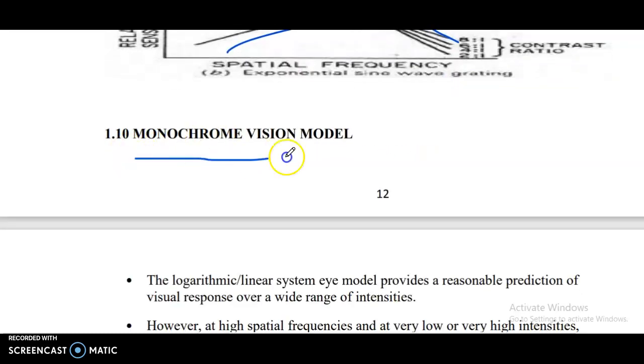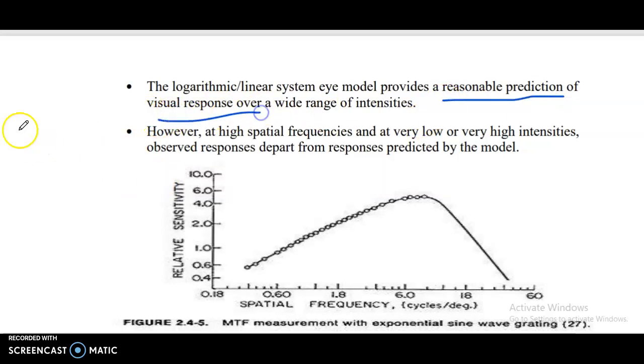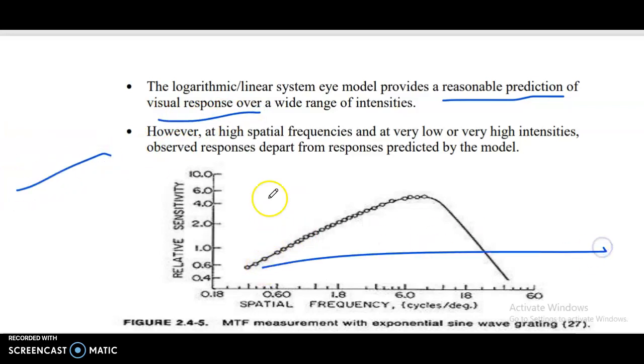Monochrome vision model. The logarithmic linear system model provides a reasonable prediction of visual response for a wide range of intensities.